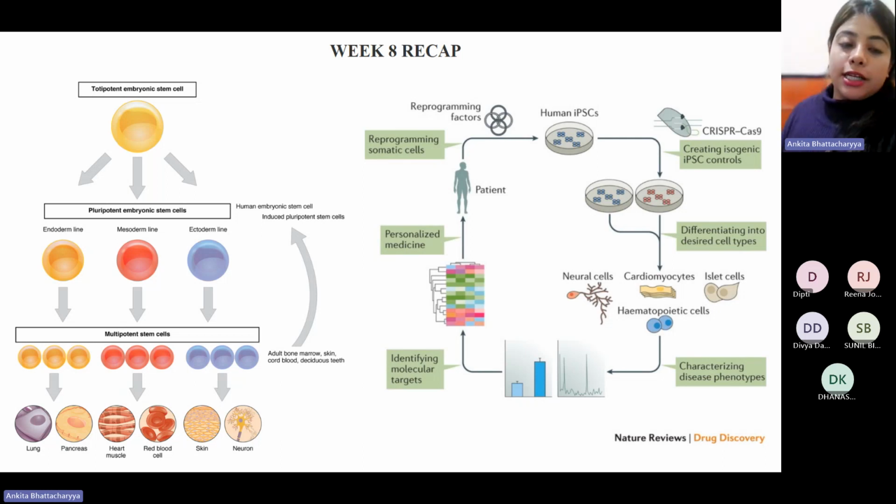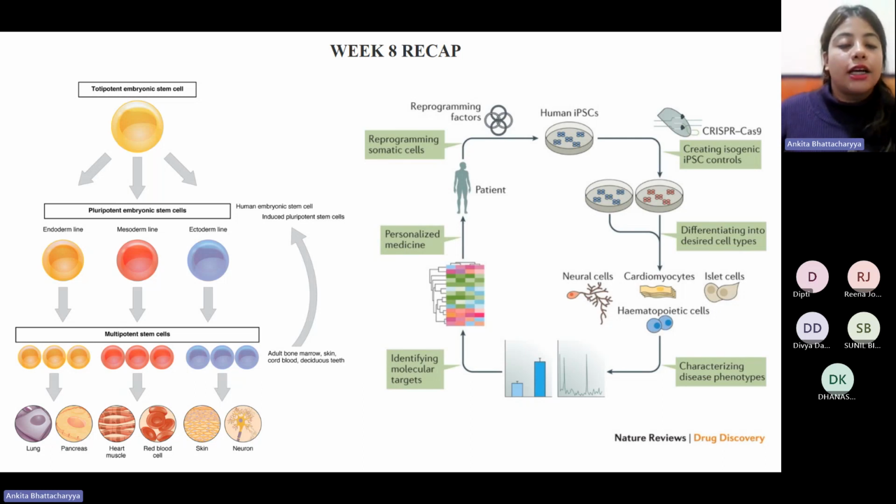Then come multipotent stem cells. What you see is that during each gradation, the number of cell types that it can differentiate into is reducing, or it is becoming more and more specific, less and less differentiable. Multipotent stem cells are those capable of regenerating cells of similar lineage, not the same lineage, but similar lineage.